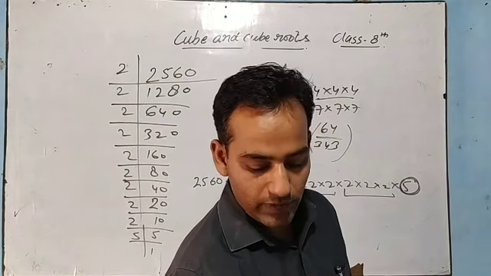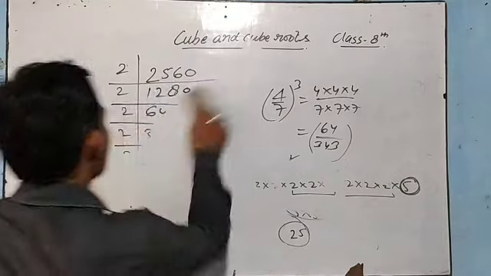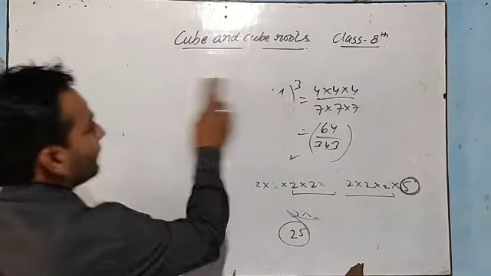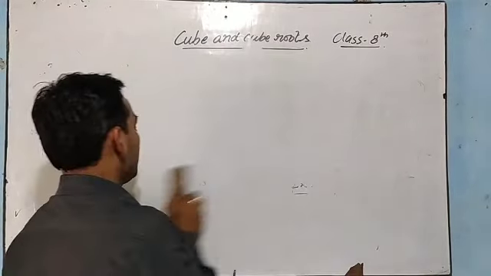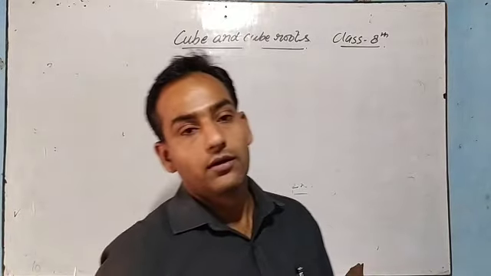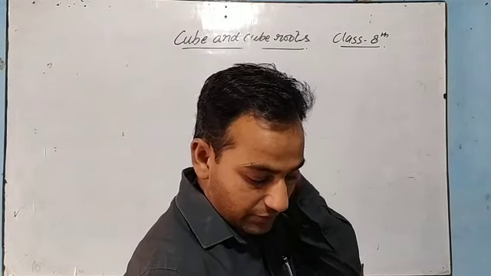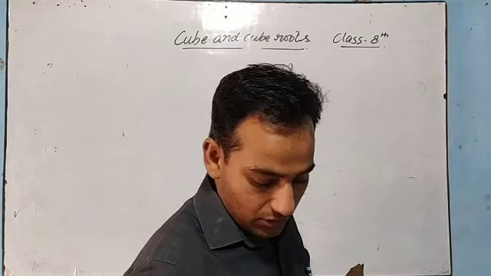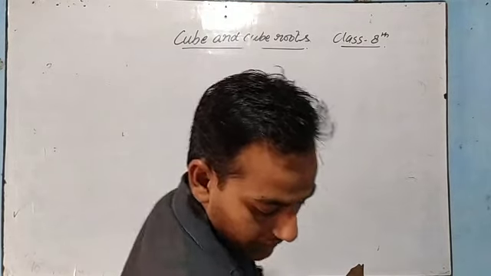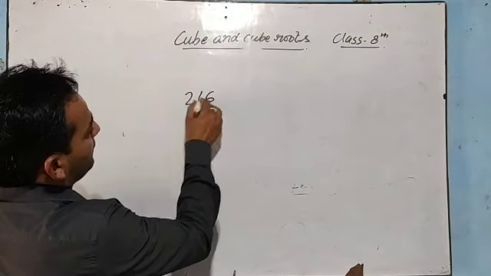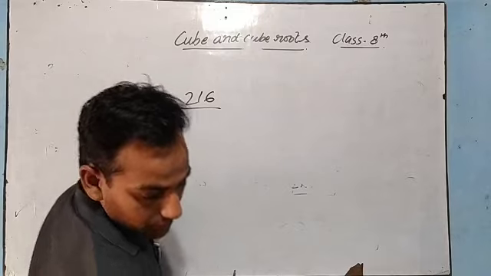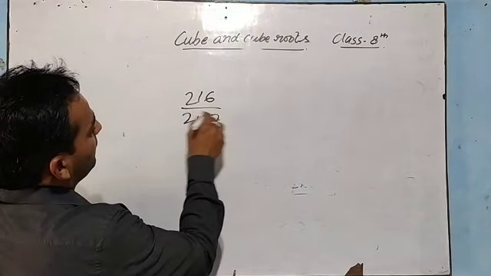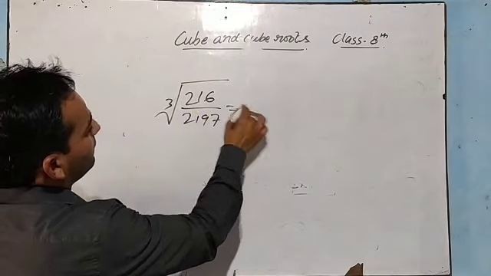This is something about cube and cube roots. One more example I can take. And I wish you all to take a rough copy and a pen with you always whenever you are taking the online class or anything. Okay, so we have a question: 216 upon 2197. We have to find the cube root of this.